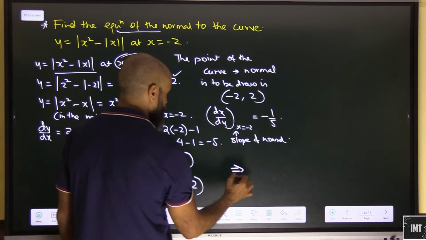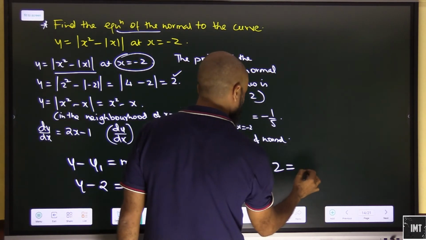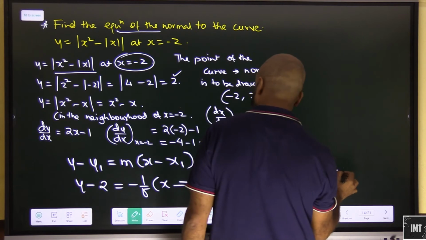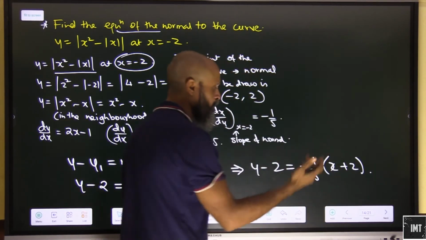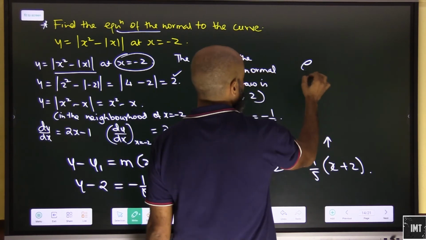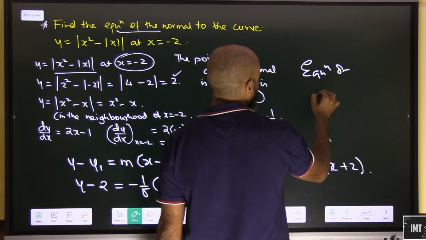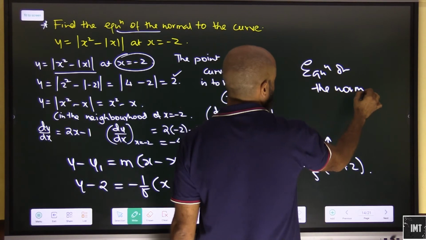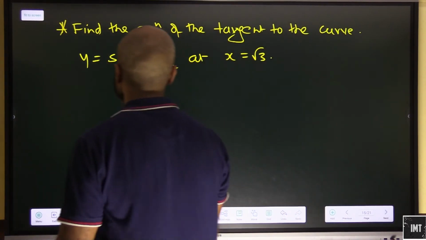So this will be y minus 2 is equal to minus 1 by 5 into x plus 2, whatever you want to expand it around. This will be the equation of the normal. Okay, let's proceed ahead to the other one.